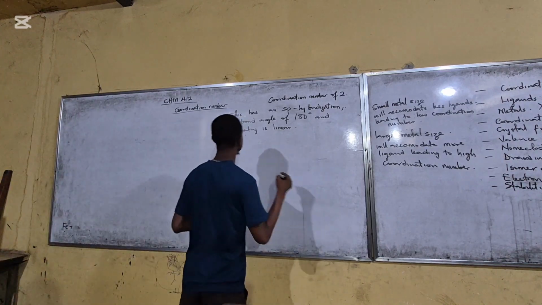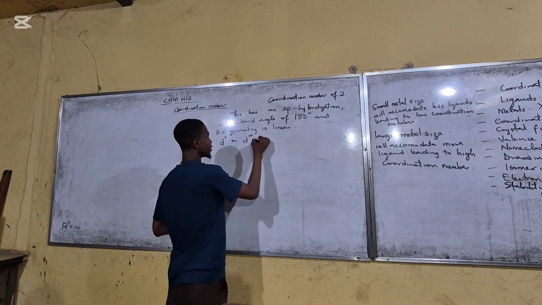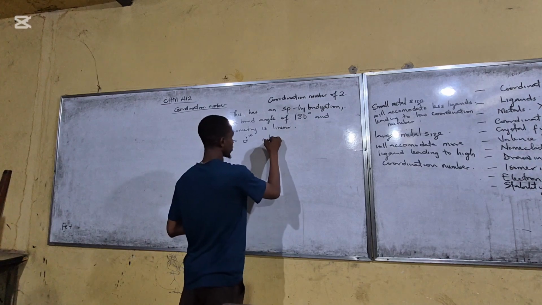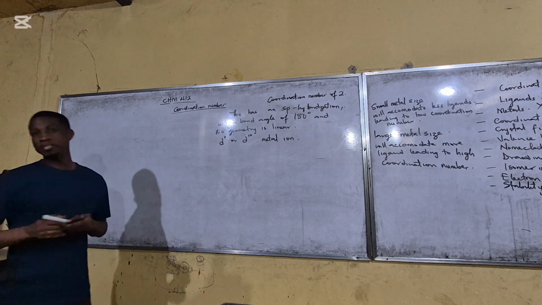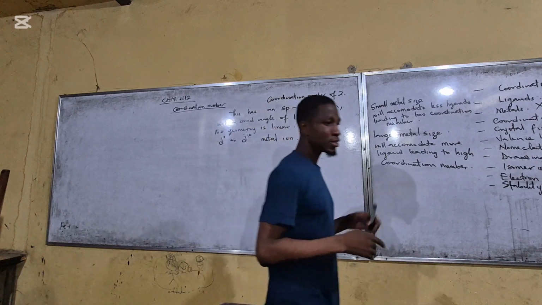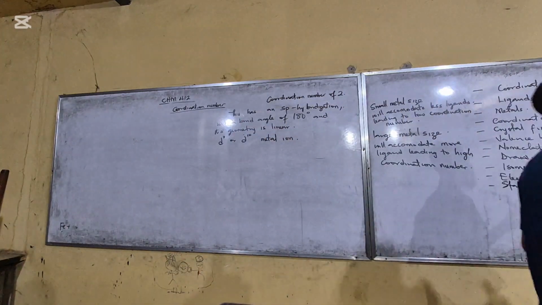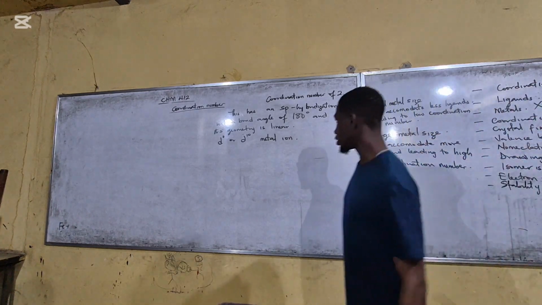It is usually favored by d0 or d10 metal ions. It is favored by what? d0 or d10 metal ion. That is one.